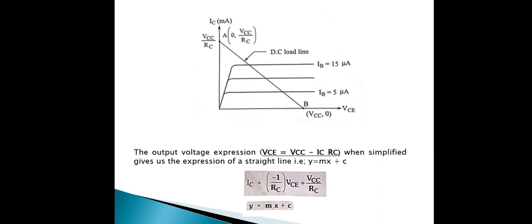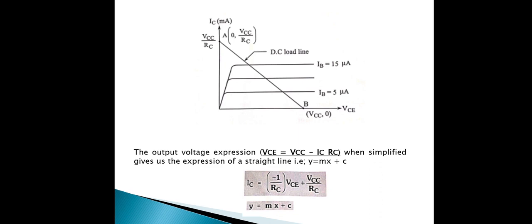So that is why DC load line analysis is very important when you want to operate a transistor and obtain faithful amplification. DC load line will help you in choosing the best operating point.